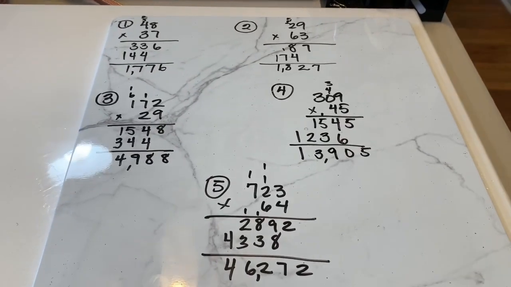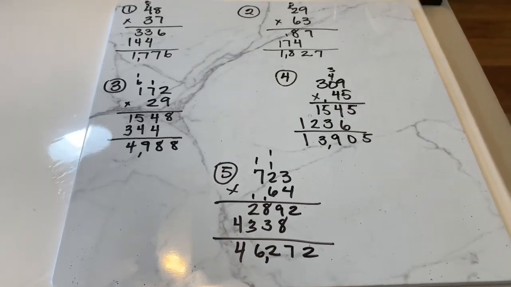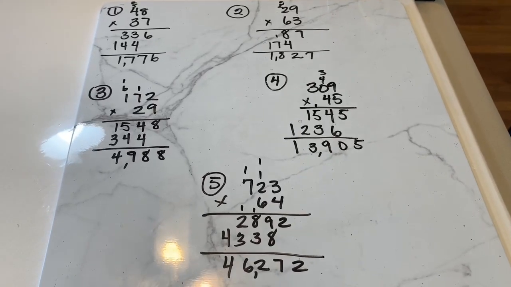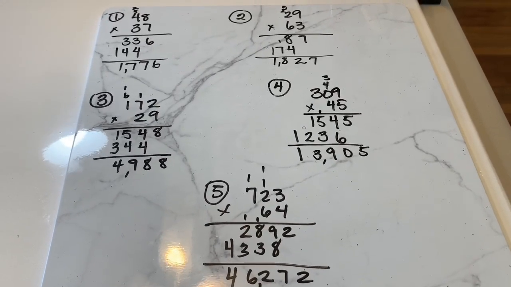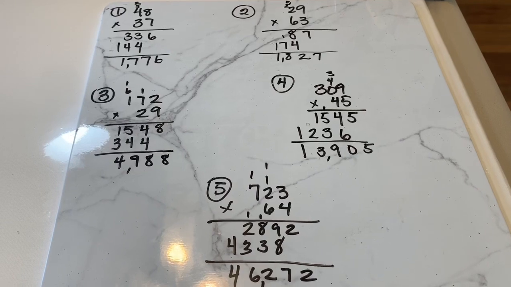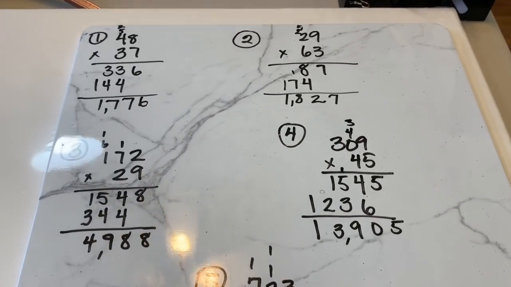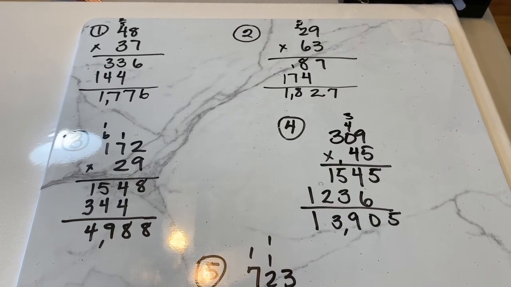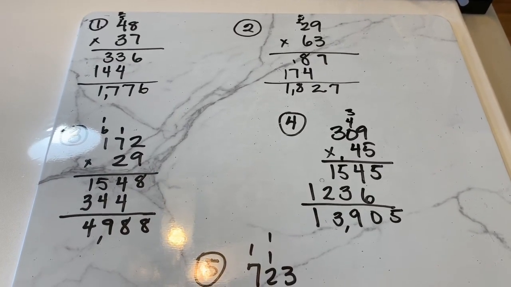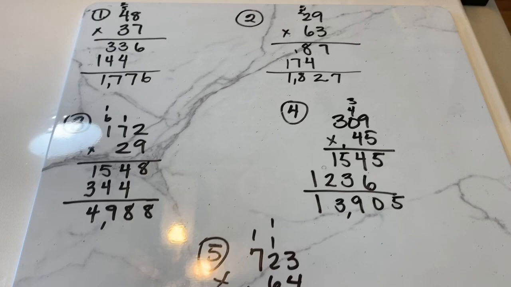Okay, so here is what we should have come up with. The answer to a multiplication problem is called a product. So the product of 48 times 37 is 1,776. Number 2, the product of 29 times 63 is 1,827.